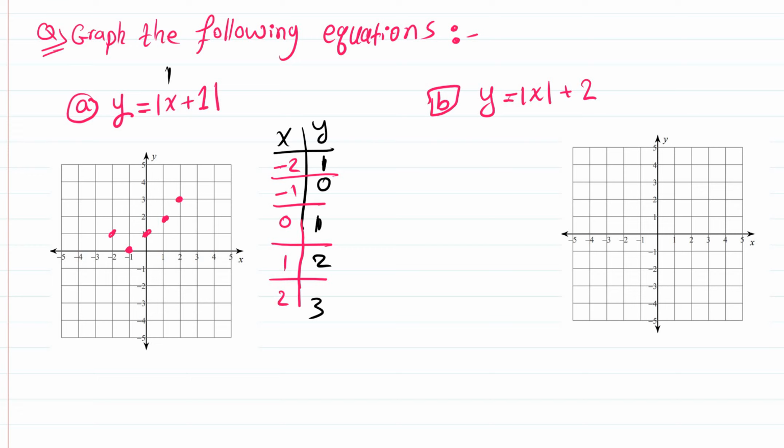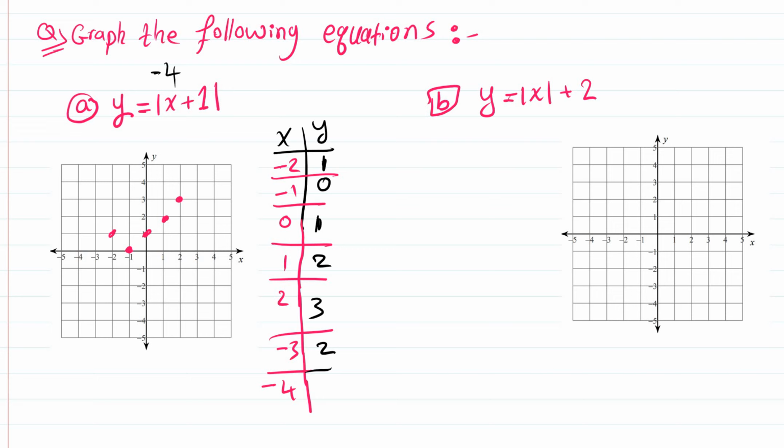If I input -3, let's see how much we get. If you add more points, let's add -3 and -4 also. Let's see what we get. If you input -3 here, how much do we get? -3 plus 1 equals -2. The answer is going to be 2, right? How about -4 plus 1? Let's write it down. -4 plus 1 equals negative 3.